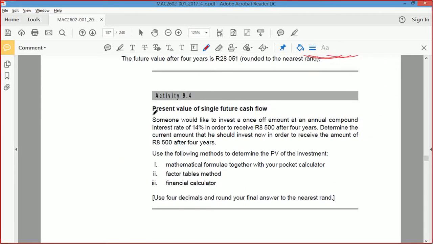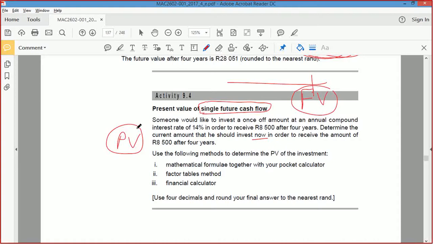Here's another one. Present value of a single future cash flow. If it's a single future cash flow, you're looking at one cash flow at the end, which is future value. Do you agree? Discount that back, determine the current amount that you should invest now. So firstly, my I/YR is 14%.